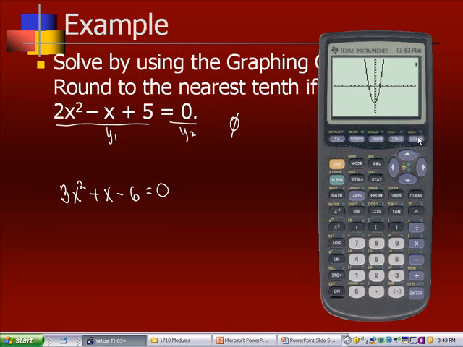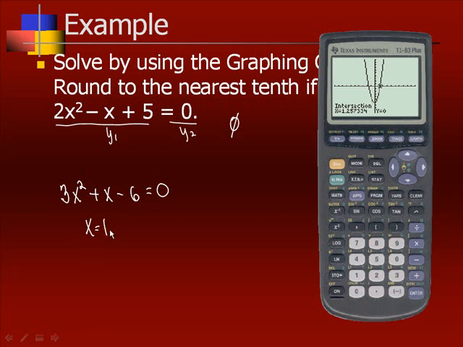Now when we graph that, we do get the graph that crosses in two places, so we know there's two solutions. We're going to find them. Second, calculate. Number 5, enter, enter, enter for the first solution, and we get x is 1.3 if we round it to the nearest tenth.